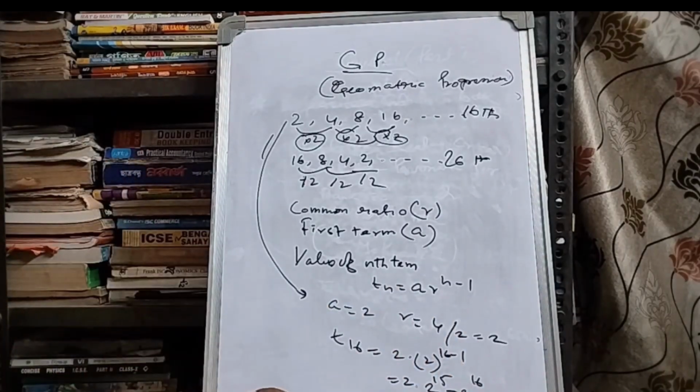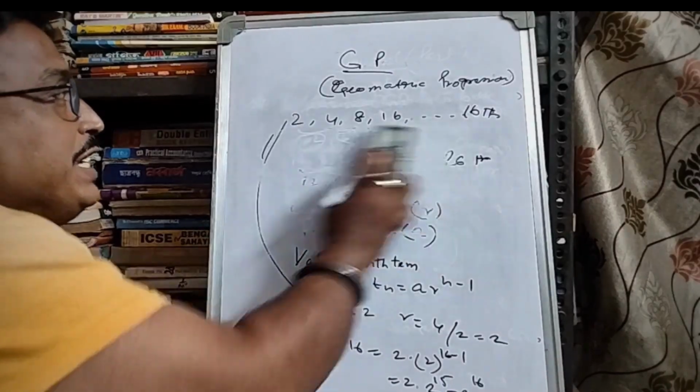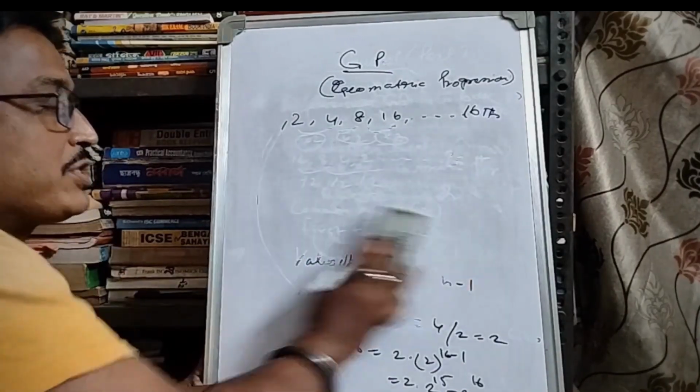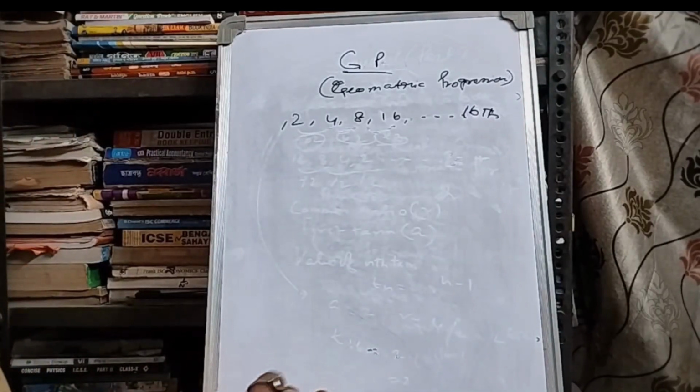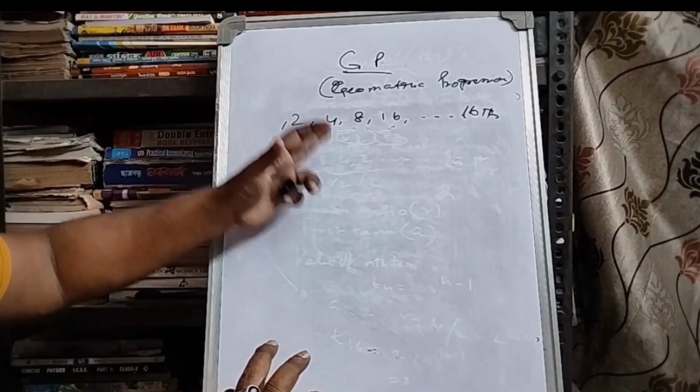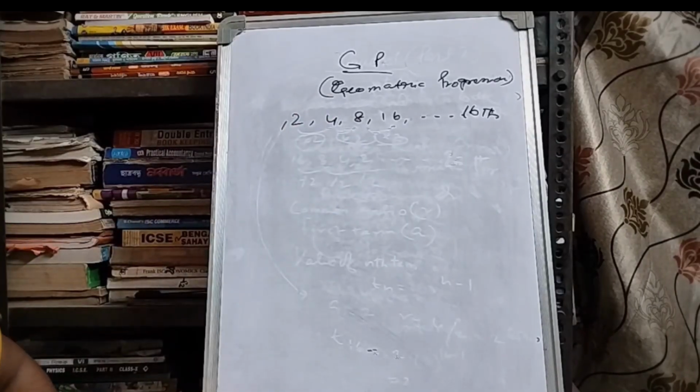So in a series, at first you may find out the value of any term depending on the first term and common ratio r.